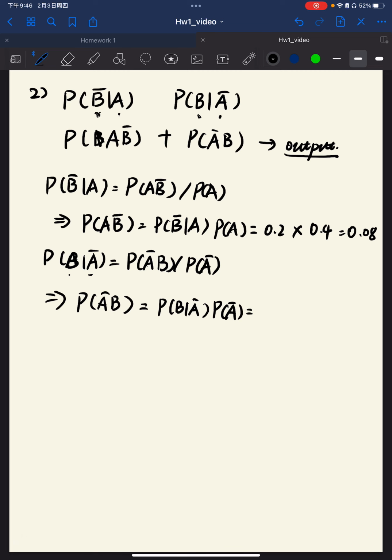Sending 0 but receiving 1 has probability 0.3, and the probability for sending 0 is 0.6, so the probability here is 0.18. The union of these two can be added together: 0.08 plus 0.18 equals 0.26, and this problem is done.